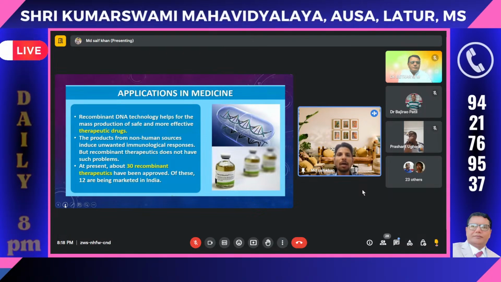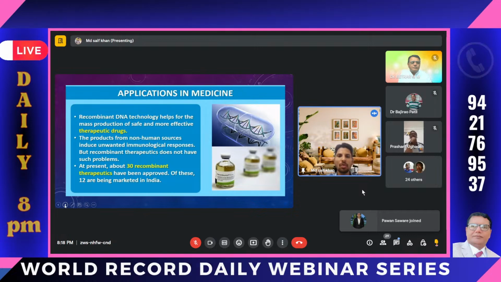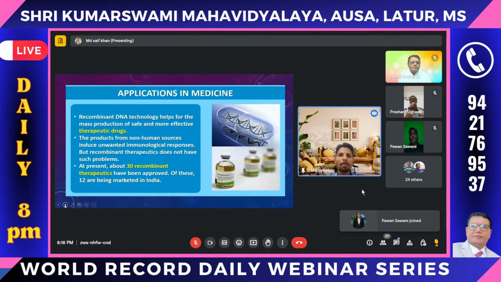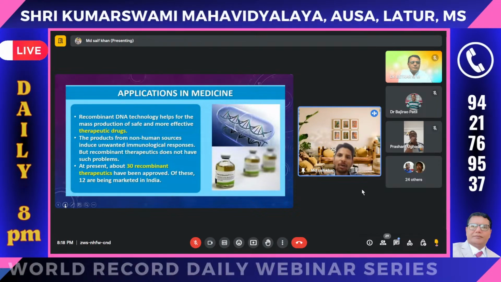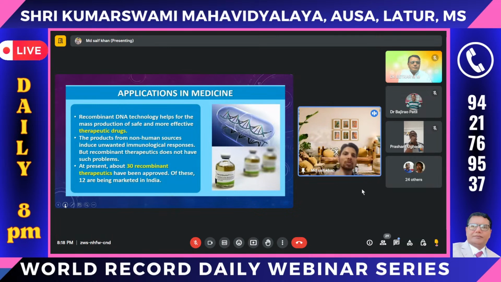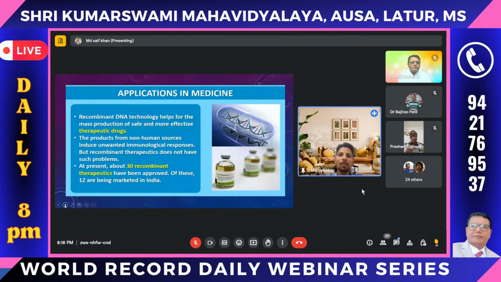What we are doing in recombinant DNA technology is isolating that particular protein's DNA sequence, incorporating that segment of DNA into another host, producing that specific protein, and taking that specific protein in the form of a therapeutic agent, right?